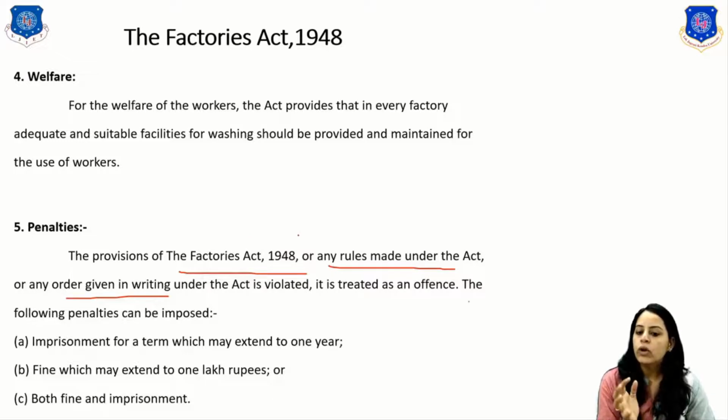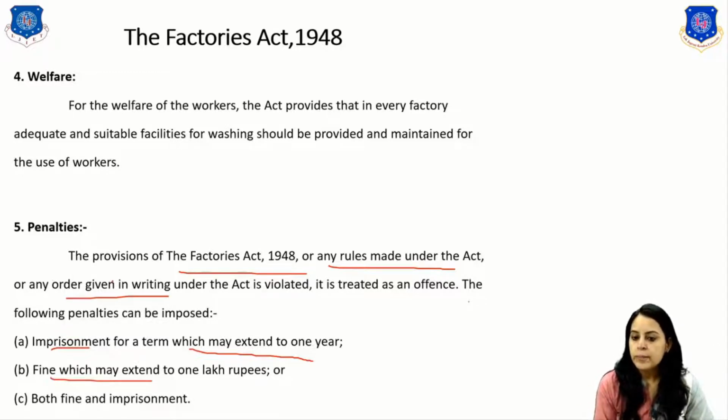The following penalties can be imposed: imprisonment for a term which may extend to 1 year, or a fine which may extend to 1 lakh rupees, or both fine and imprisonment. Also, if workers misuse appliances related to welfare, safety, and health, in relation to discharge of these duties, they can be imposed a penalty of 500 rupees. So these are the Factories Act penalties.